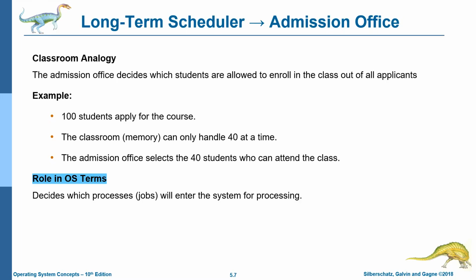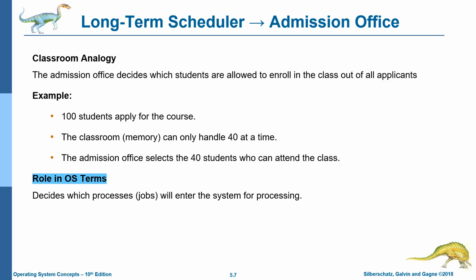Similarly, if we have multiple processes, it is not possible to execute all of them at the same time, so the operating system, in the form of the scheduler, decides which processes should be put into the ready queue for execution. For example, 100 students apply for the course, but the classroom can only handle 40 at a time, so the admission office will select 40 students.